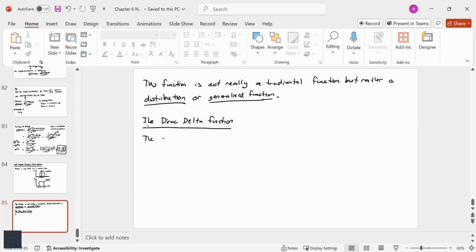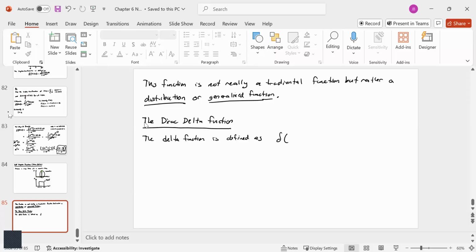So the delta function is defined as, and this is the notation that we're going to use. See if I remember how to make a delta off the top of my head.